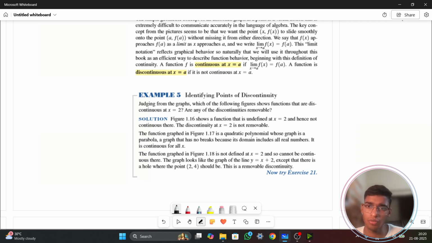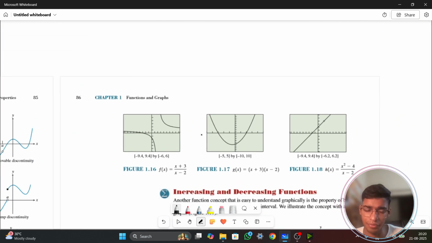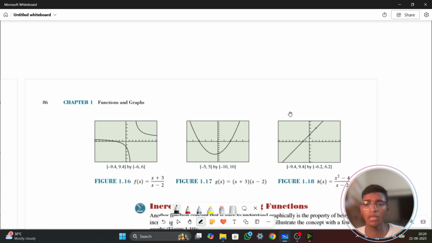It says, judging from their graphs, tell us whether they are continuous or not. So seeing from the first graph, this is x1, this is x2, this is x3. You see that at this point, this lower portion is tending towards negative infinity, and at x equals 3 or x equals 2 something, it is tending to positive infinity.